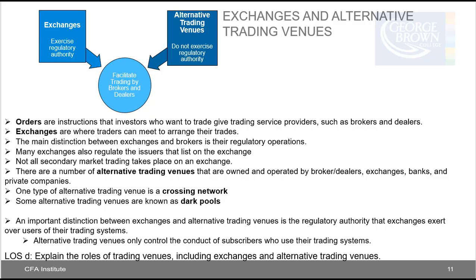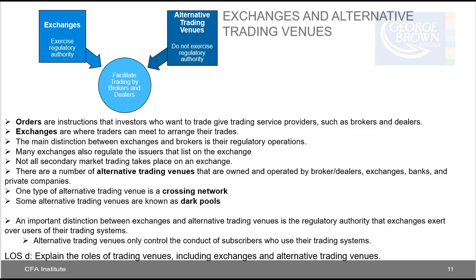Exchanges are where traders can meet to arrange their trades. Historically, brokers and dealers met on an exchange floor to negotiate trades. However, increasingly, exchanges now arrange trades based on orders that brokers and dealers submit to them electronically. These exchanges essentially act as brokers, blurring the distinction between exchanges and brokers, okay?